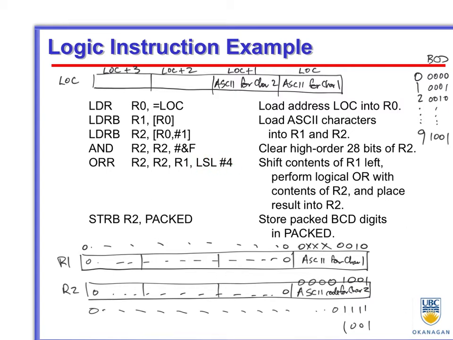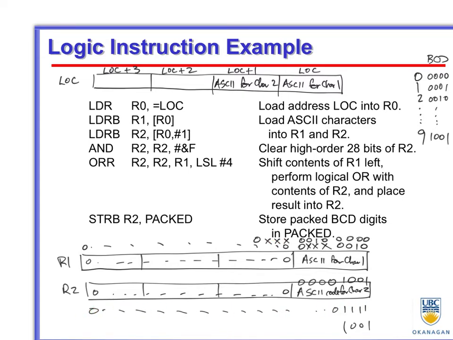So all these are zeros, but these 8 bits get shifted to the left by 4, which means that R1 will now hold 0, 0, 1, 0, and the X, X, X will be up here. And we shift in empty zeros. So we've shifted this ASCII code in R1 to the left by 4 bits. So now this is what we've got in R1. And of course, these are all zeros still. So now we're going to OR this with this.